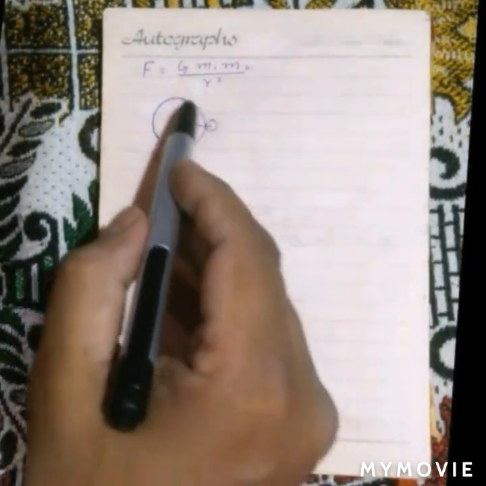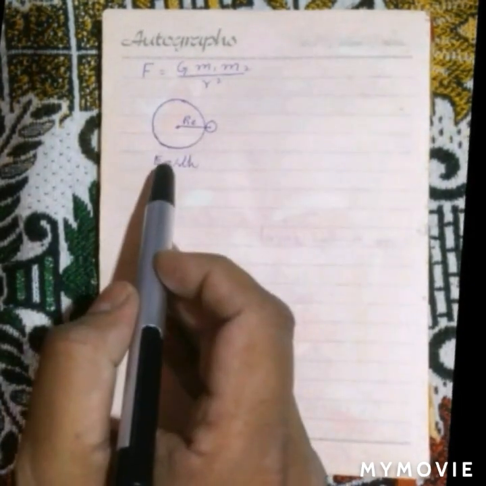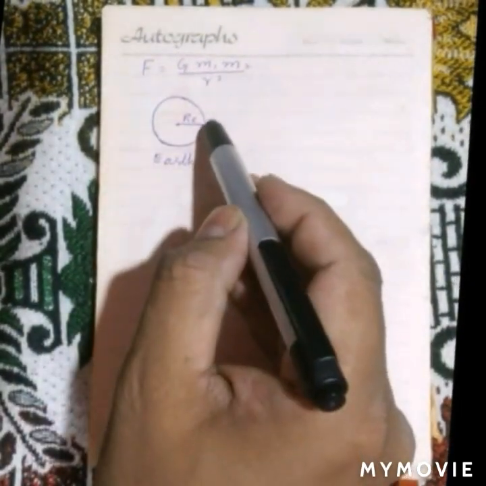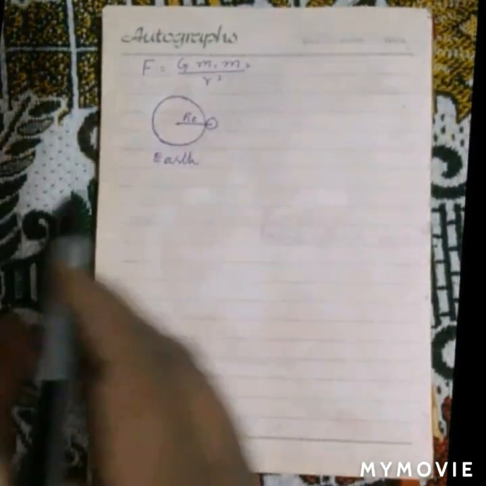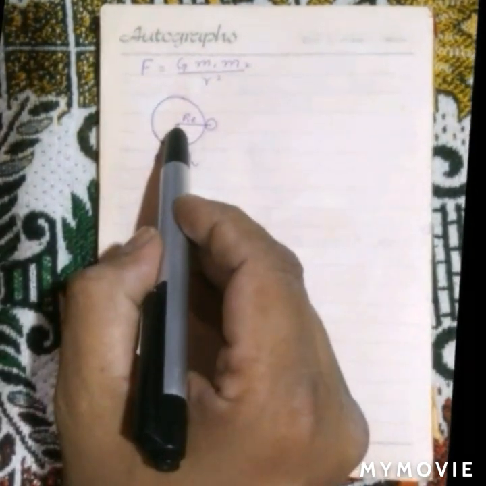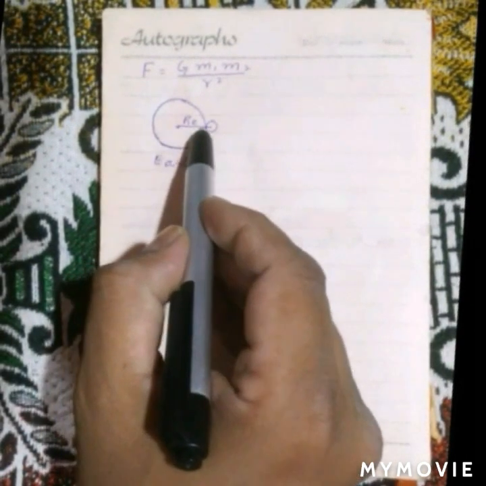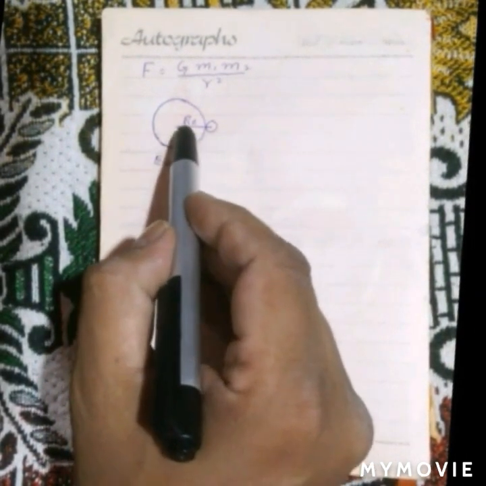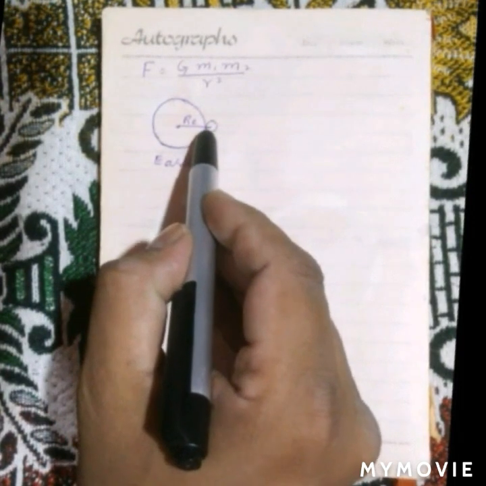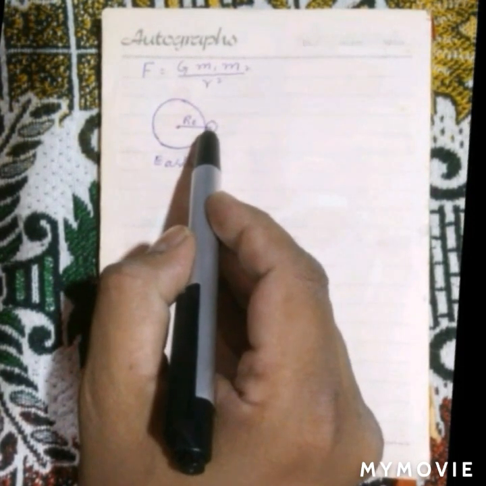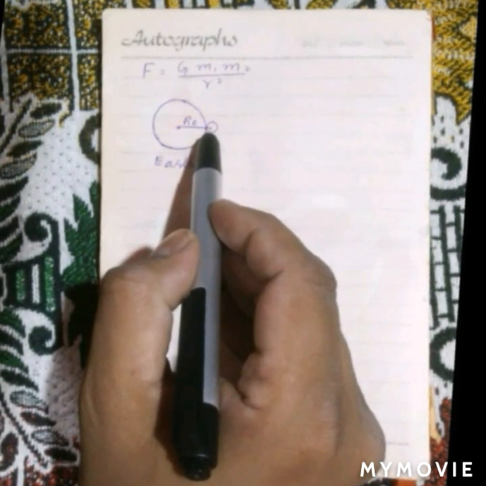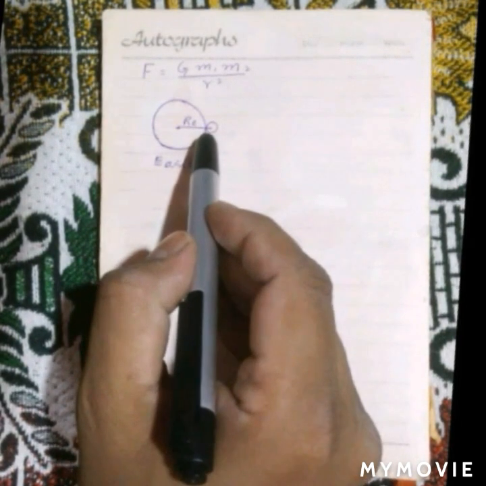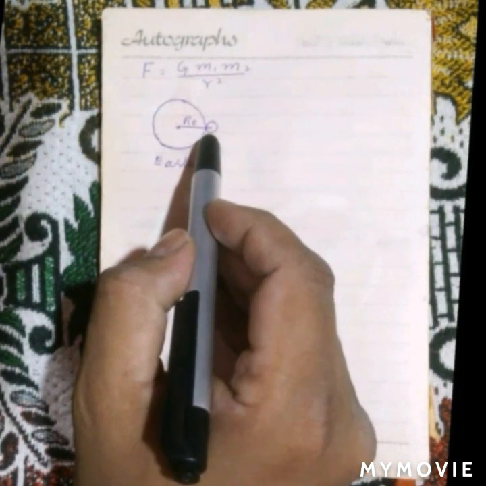Suppose that this circle is representing Earth, and this circle is representing a ball lying on its surface. This distance from the center of the earth to the surface of the earth is the radius of the earth, and this is the radius of the ball. In comparison, the radius of the ball is so small that it is almost negligible.